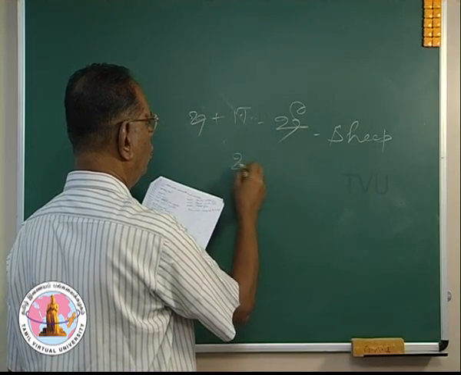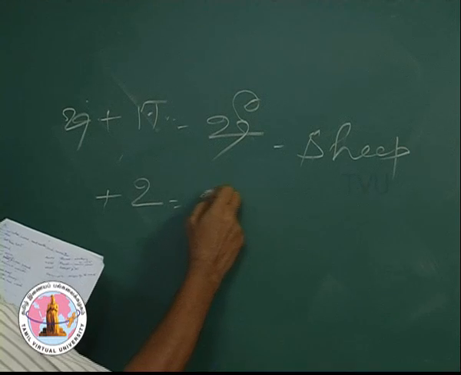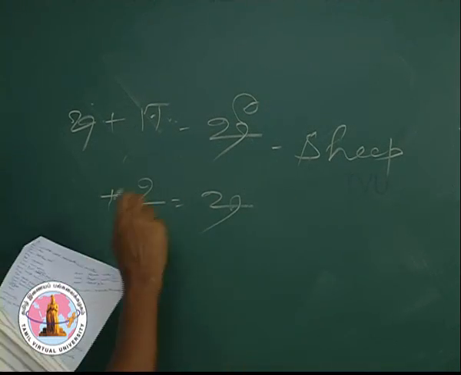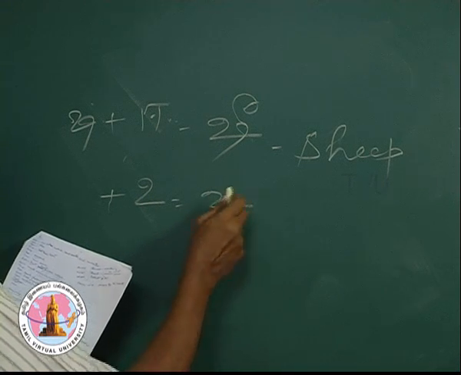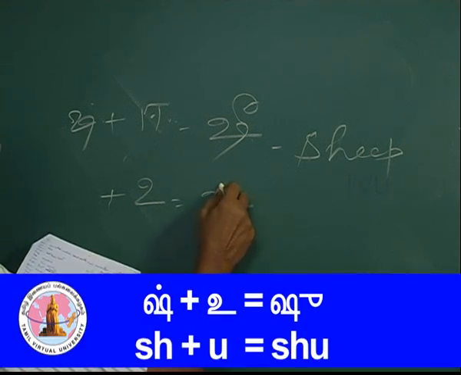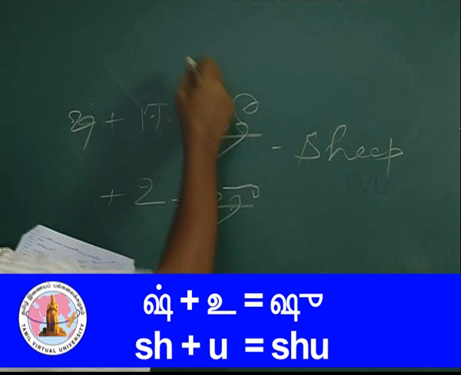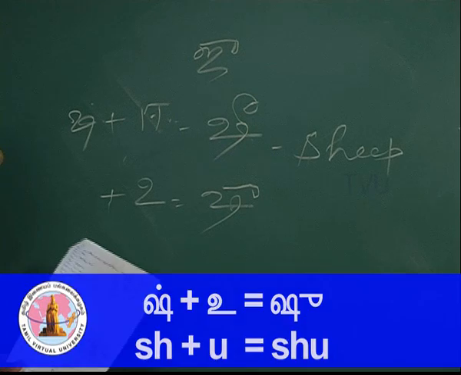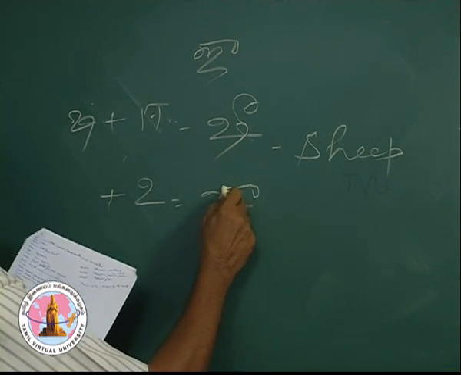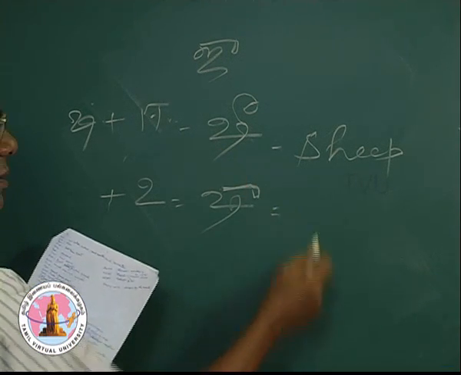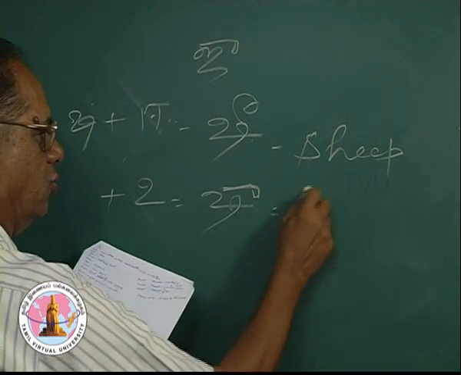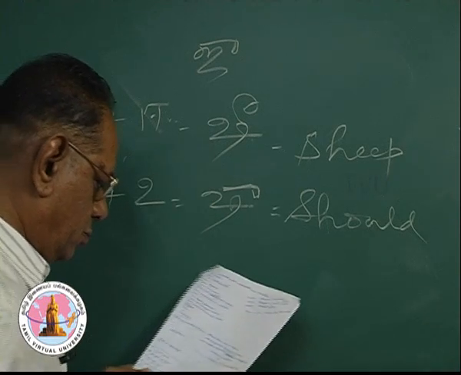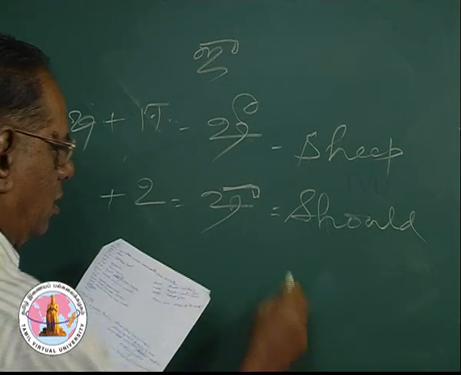You have U next and it becomes shu. Again the same method of having it above. For Ja, we had it this way. Here also you have it the same way. This is shu, as you have in should or shook.